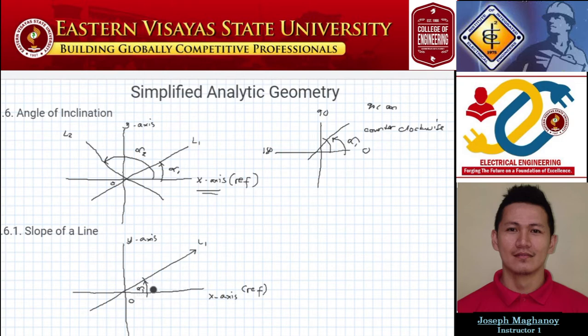The slope of a line may also be defined as the tangent of the angle of inclination. Here, our angle of inclination is this one, alpha 1. And the slope of a line is only the tangent of the angle.